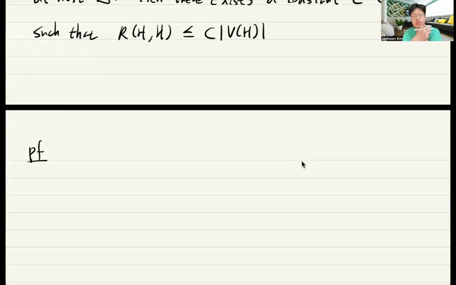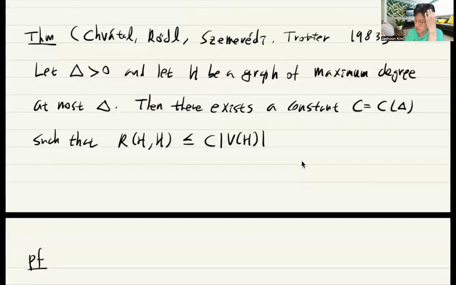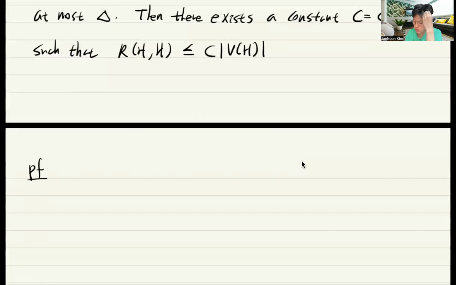So how do we prove this? Essentially, how we want to prove it is using the regularity lemma. In the regularity lemma, you have a reduced graph, which is of constant size. When I say we apply the regularity lemma, we consider a graph G whose edges are colored red or blue.